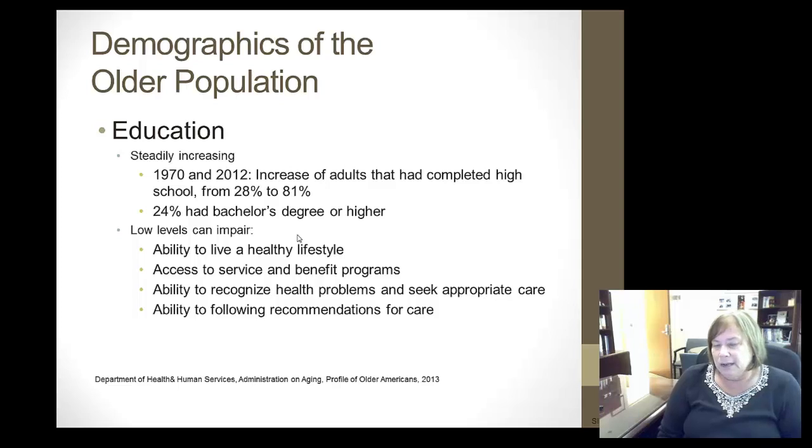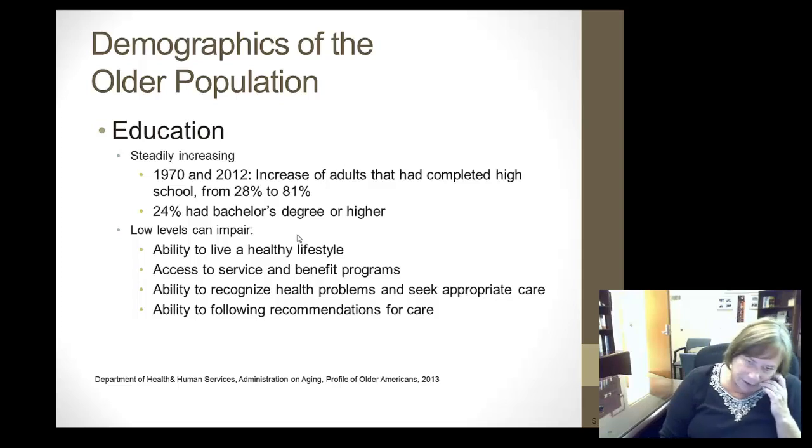So in the older adult population, I've done quite a bit of research on health literacy in older adults. And you have to take into consideration the cognitive deficits that some of the older adults may have. Even though their educational level could be up at a bachelor's level, some of the neurological changes and vascular changes that take place may have a direct effect on the health literacy level, which will then limit their understanding of the information provided by the healthcare providers.